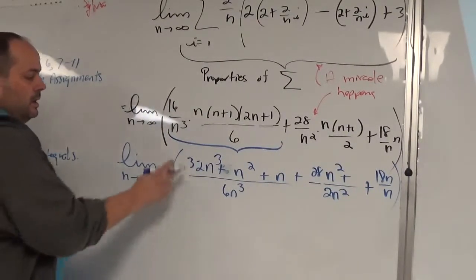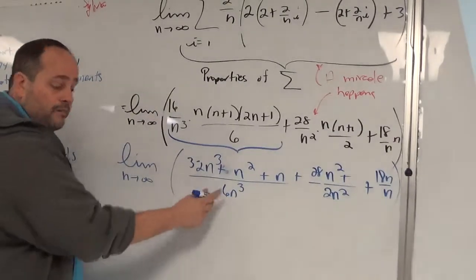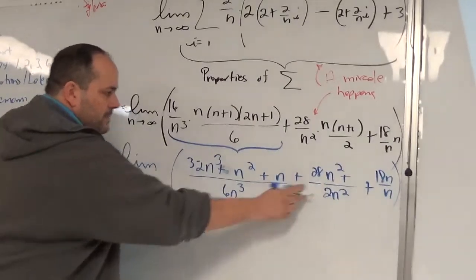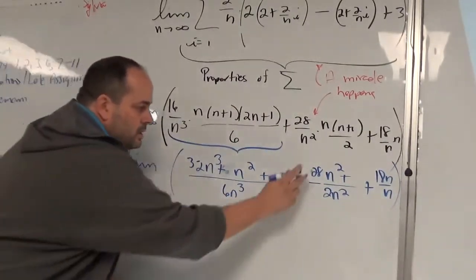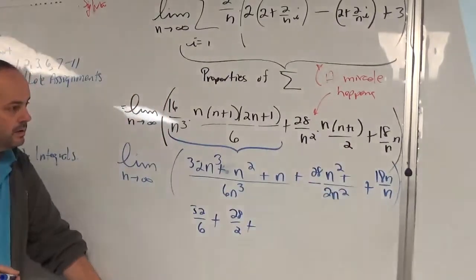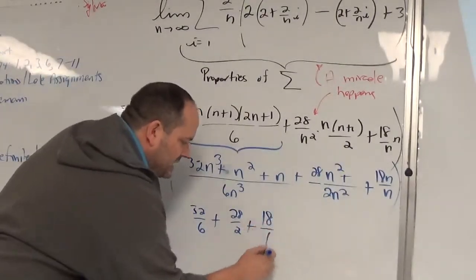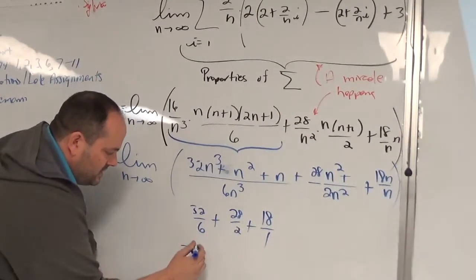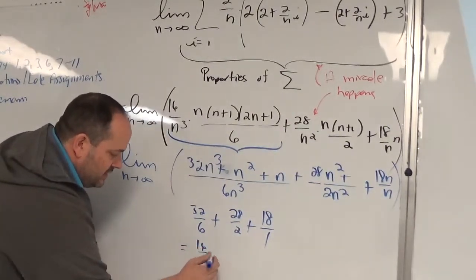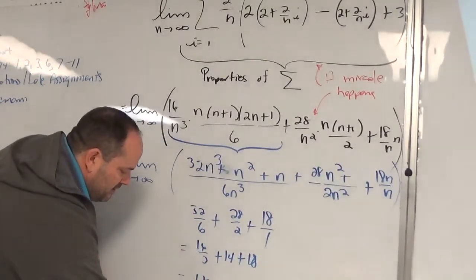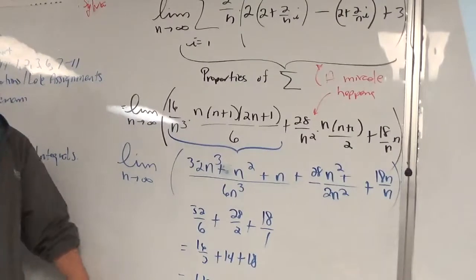You take the leading coefficients, you take the 32 over 6. Plus, what about over here? 28 over 2, plus over here, it's 18 over 1. If you simplify all of this, you're going to get 16 thirds plus 14 plus 18, which is 112 over 3.